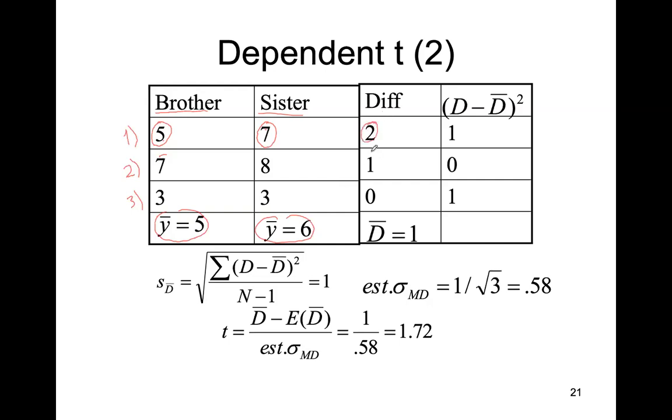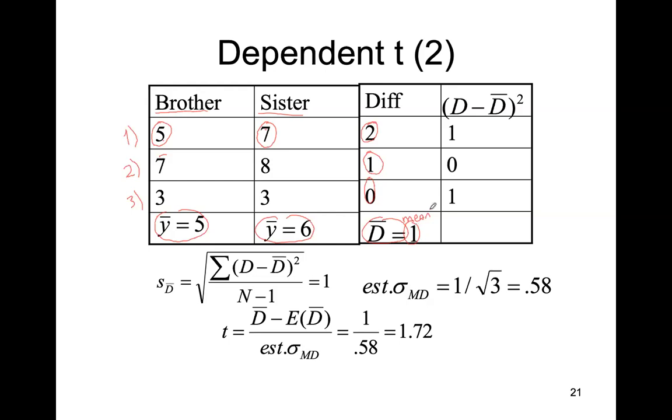From this difference, I find the mean of the differences, which is equal to 1, right? 2 plus 1 plus 0 divided by 3 will be equal to 1. Mean of the difference of the samples, okay?